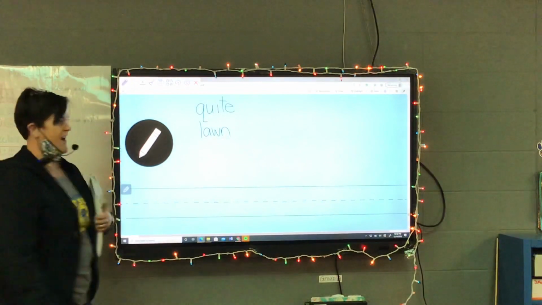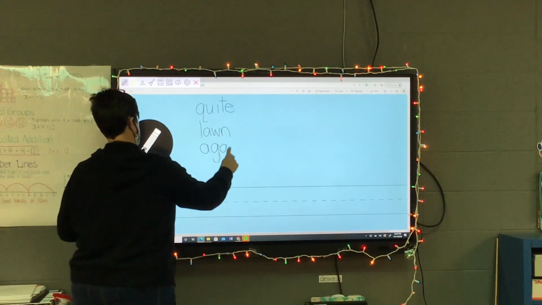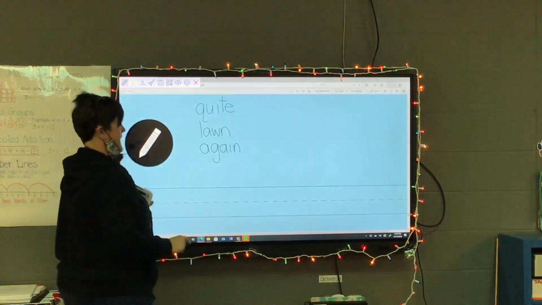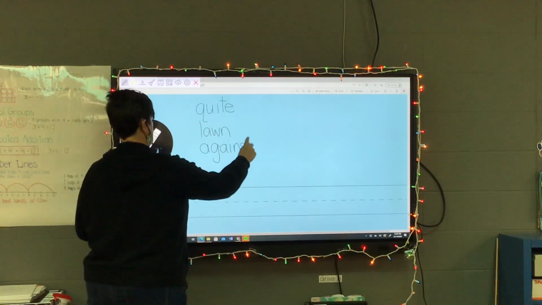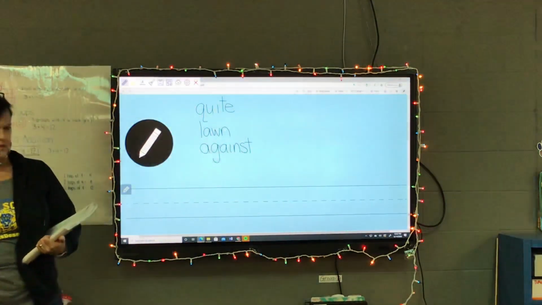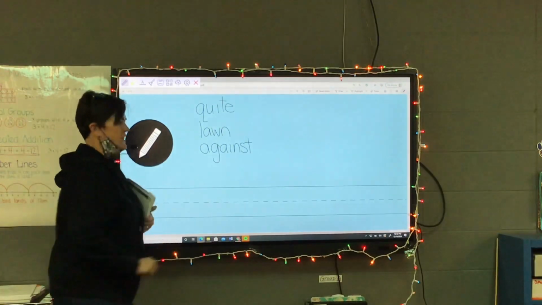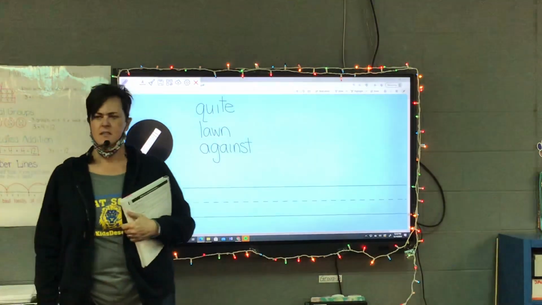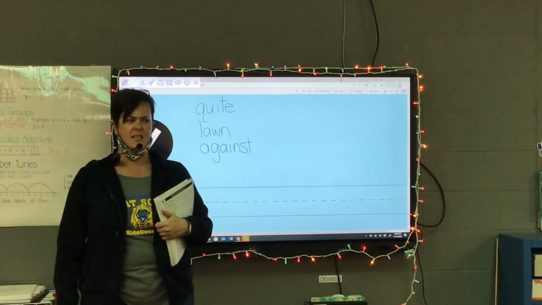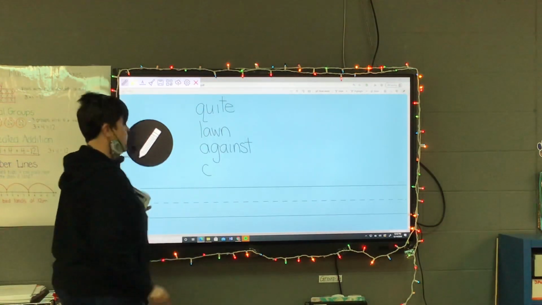Sight word, against. If you know how to spell the word again, and then add st to it, you have against. Coaster. K, k. What's starting there? K. C. What about the O in coaster?